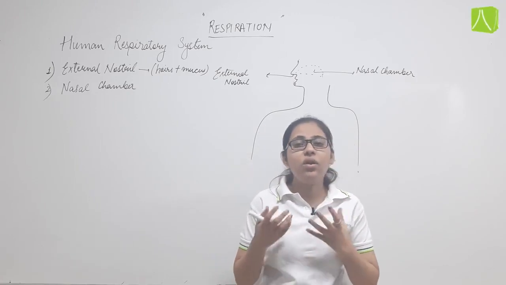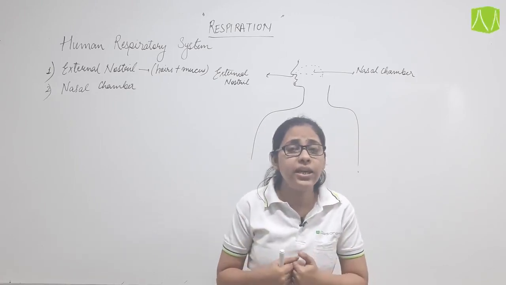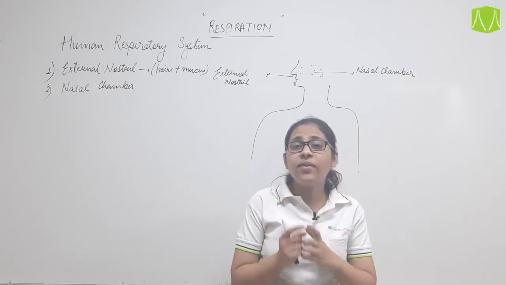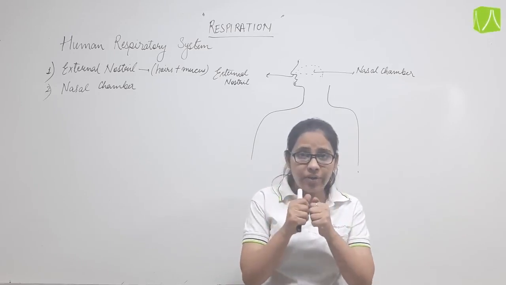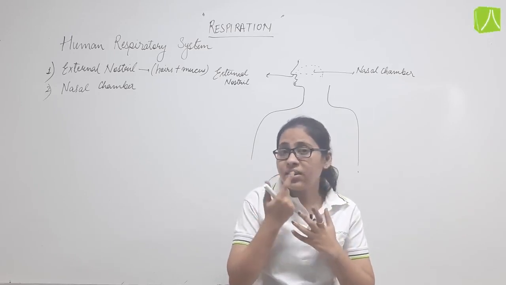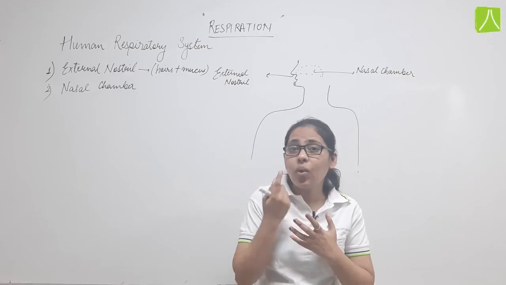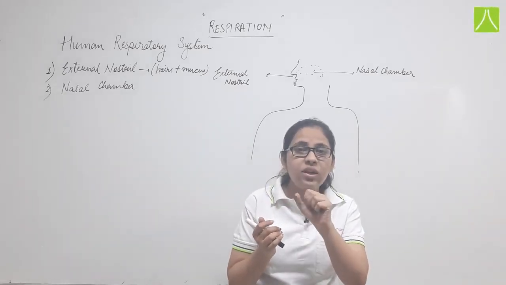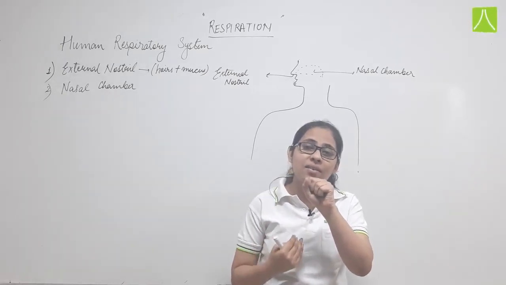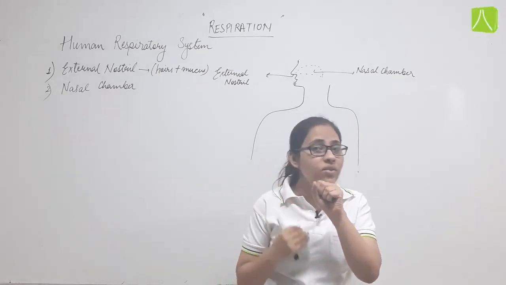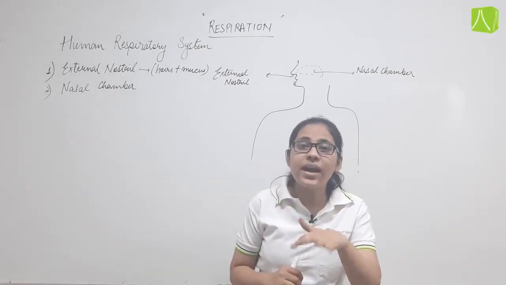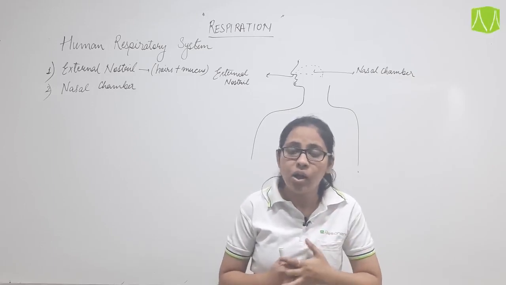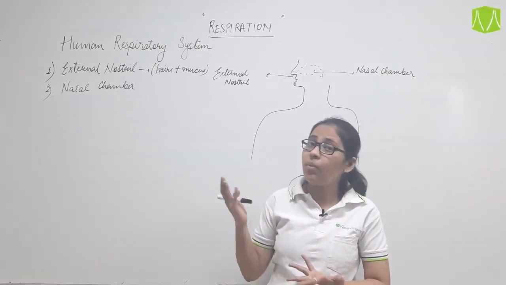When we inhale, that air is filtered by the hairs present in the nose and the mucus. They entrap the dust particles and antigens, so that only the gas goes inside the individual, not the antigen or dust particles. This is the function performed by the hair.